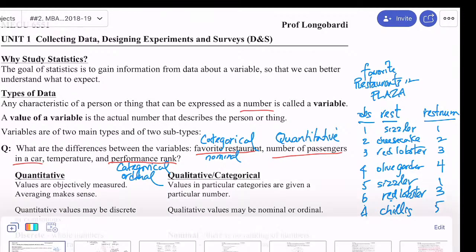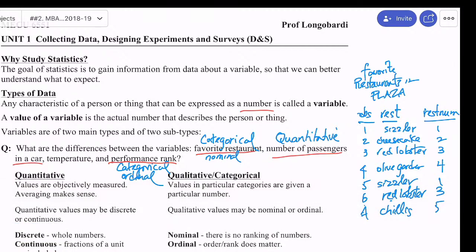So, what about the other two? The number of passengers in a car and temperature. They're both quantitative. What's the difference? What distinguishes one from the other? What is the subtype difference?